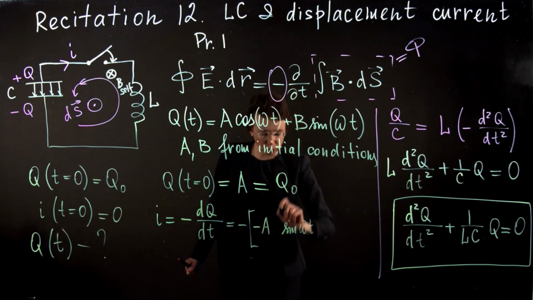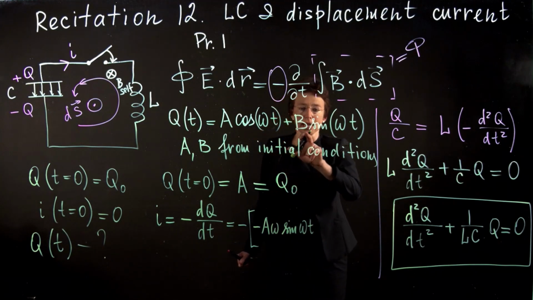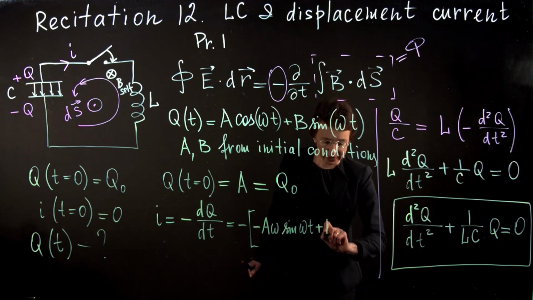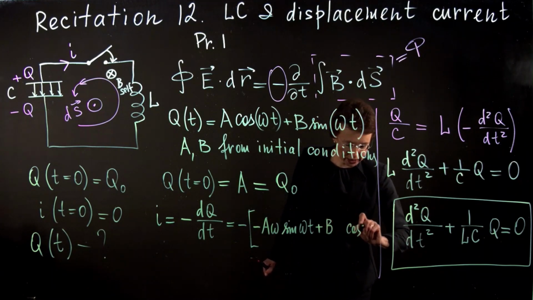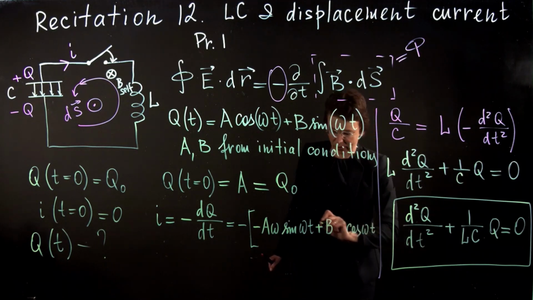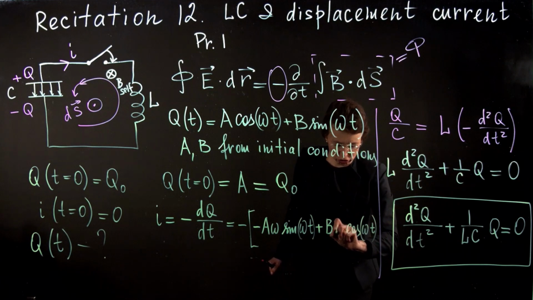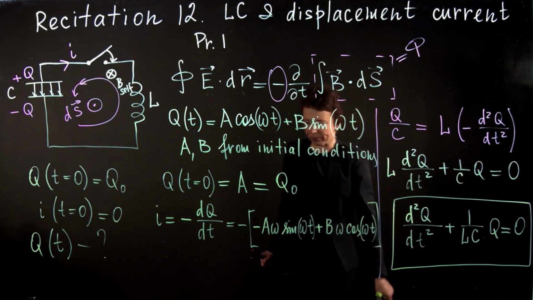Chain rule will give me omega. We are done with the first term. And then the second term, plus B, derivative of sine is cosine omega t, and then I apply the chain rule, and I have omega here.